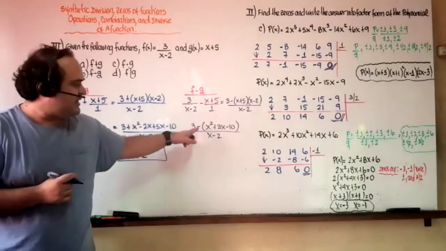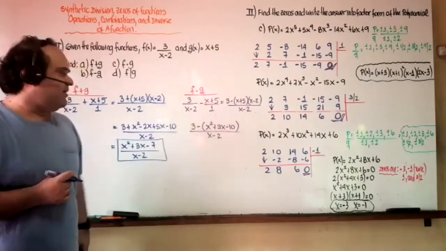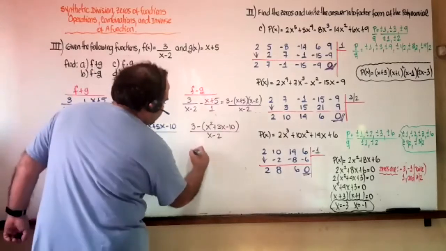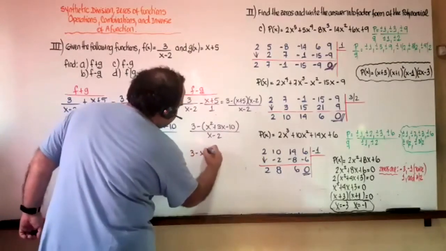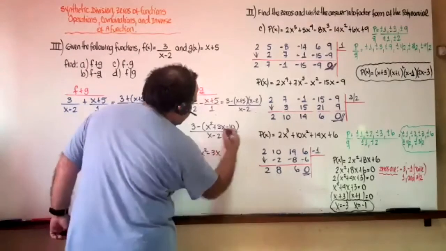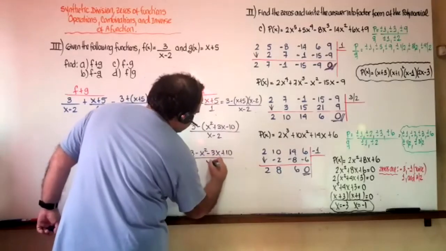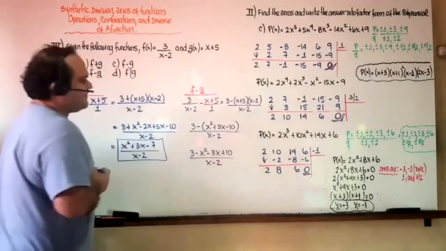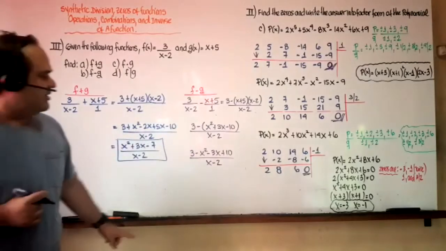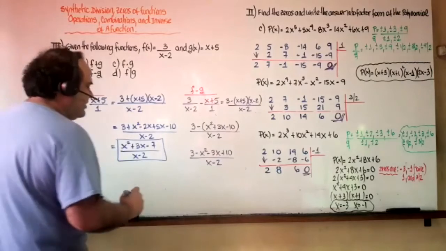What's going to happen is this negative sign will change the sign of all the terms. We have 3 minus x squared minus 3x plus 10, over x minus 2. And we have like terms: 10 plus 3 will be 13.